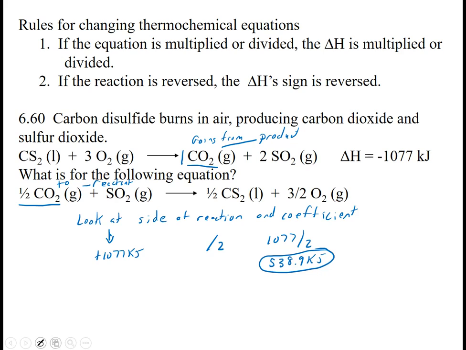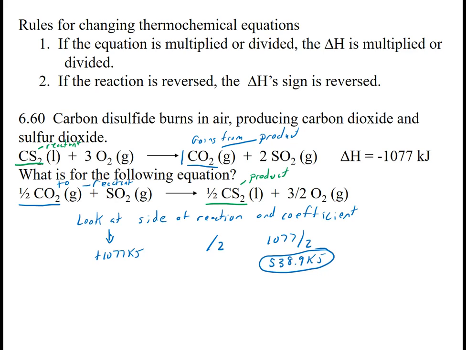Now, as I said at the beginning, it doesn't matter what I do. If I look at oxygens, it's a little harder because the oxygen has a fraction there. But if I look at carbon disulfide instead, here's carbon disulfide, here's carbon disulfide. It went from a reactant to a product.